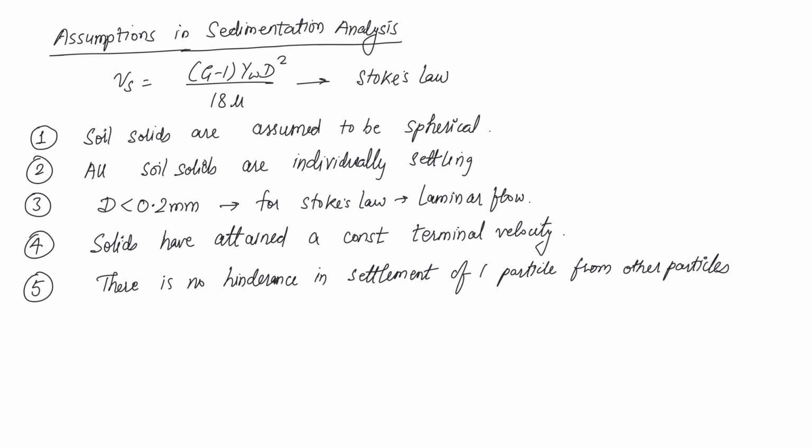So that is again our assumption. Next, sixth, what is the sixth one? That there is no Brownian motion. What is Brownian motion? That is the random motion of small particles. But we are assuming that there is no Brownian motion, and if I am assuming that, that means the size of particles should be more than 0.2 micron. So the size of particles should not be very, very small.